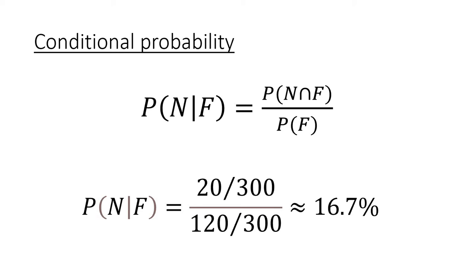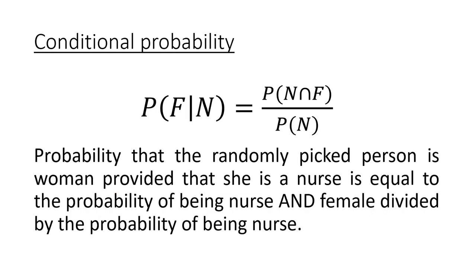So here we have it, this intersection. And finally, we can just divide the upper part by the part below, and we get approximately 16.7%. So the conditional probability that randomly picked person is a nurse, provided that this person is female, is approximately equal to 16.7%.